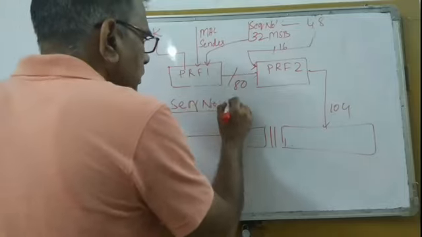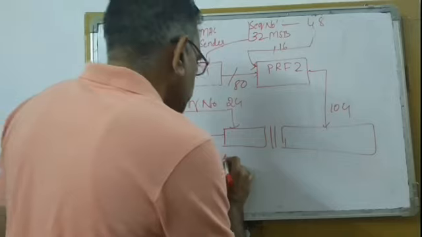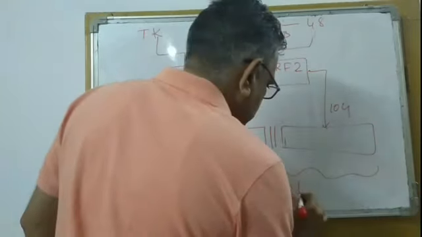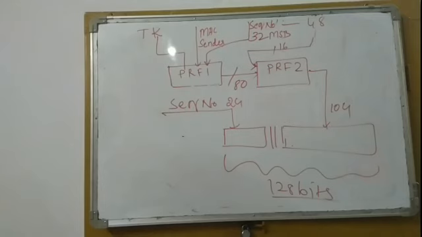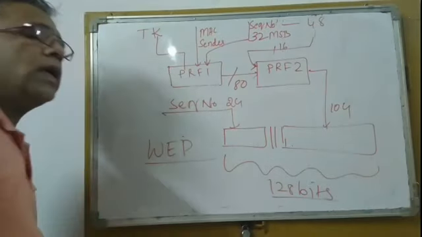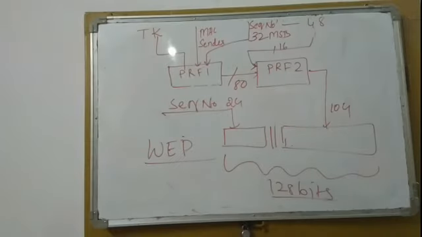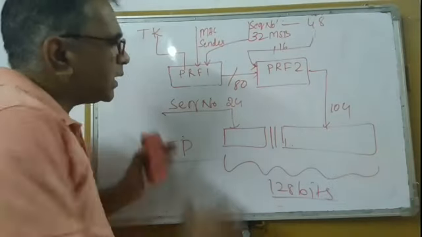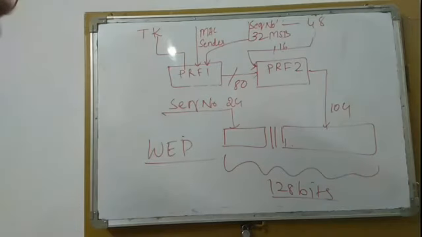So these 24 bits and these 104 bits altogether make 128 bits. This 128-bit key will be used in a modified wired equivalent privacy for protecting the data that is going to be exchanged between sender and receiver. So this is how they made WEP stronger with the help of this technique. Again, it has a few flaws. So these flaws are overcome in WPA2.